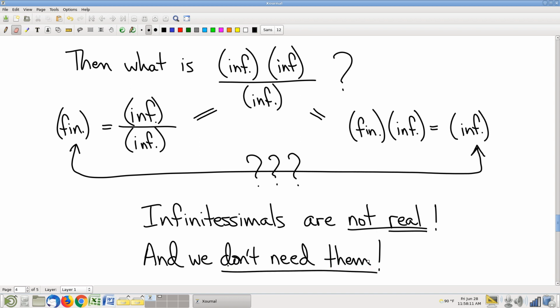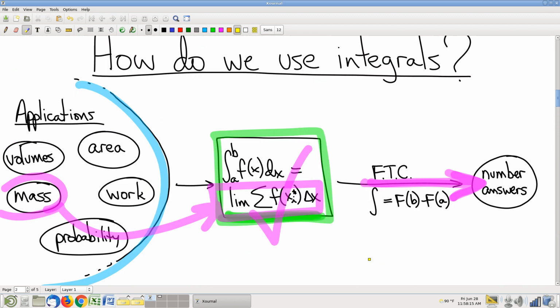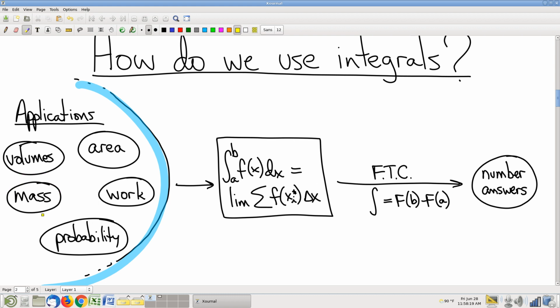Not only should we not want to avoid Riemann sums, we need Riemann sums. Right? We need to be able to talk about applications. We need to be able to connect those applications to something that allows us to use the fundamental theorem. Riemann sums are a good thing. They're not to be avoided.